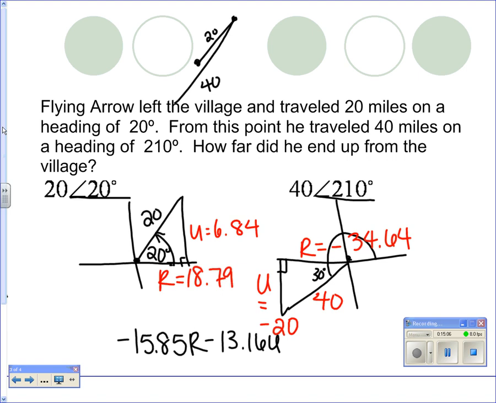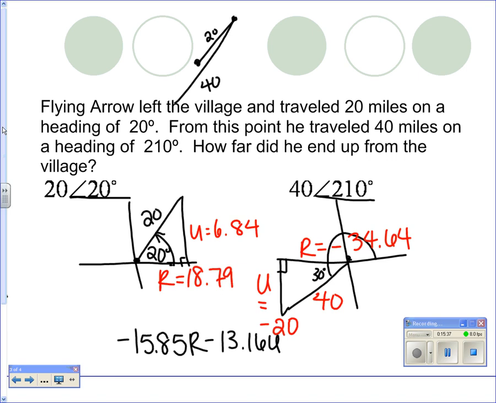The R is a bigger absolute number. That's just how the numbers ended up. Any questions on this one?